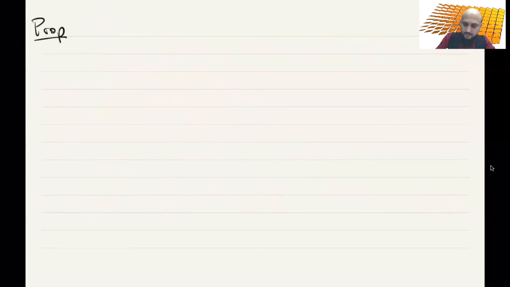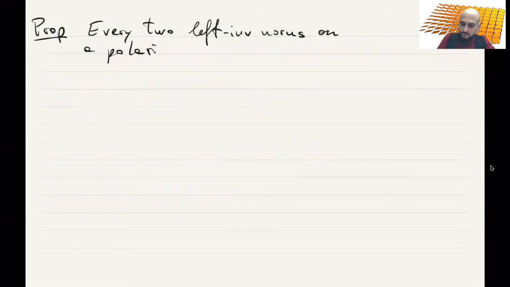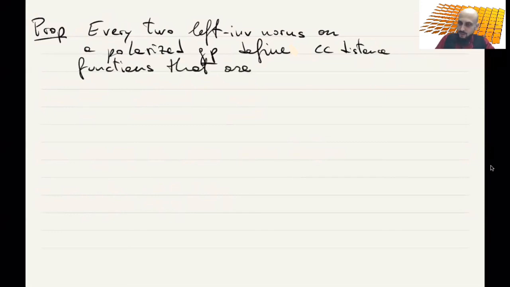So here's a proposition. Every two left invariant norms on a polarized group define CC distance functions that are globally bi-Lipschitz equivalent.